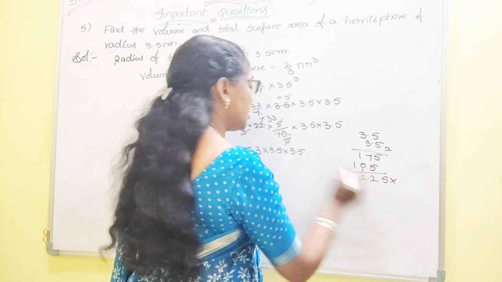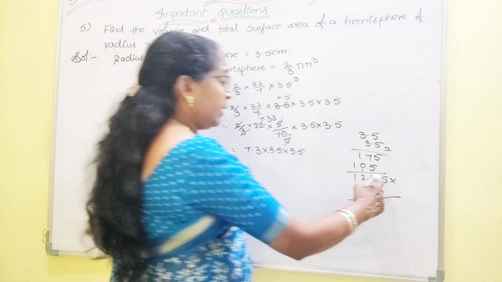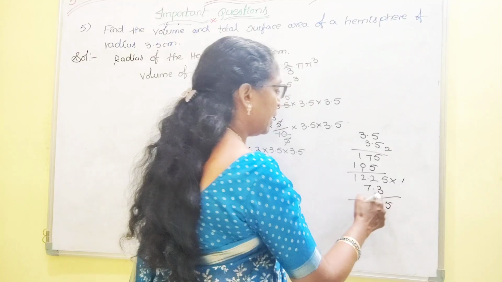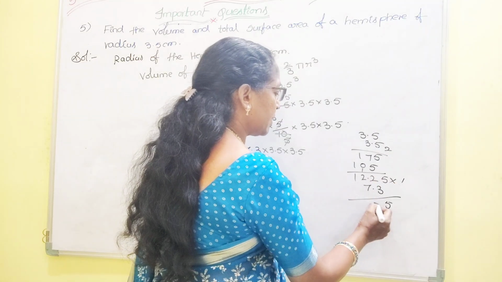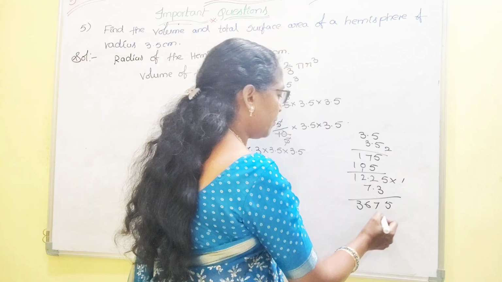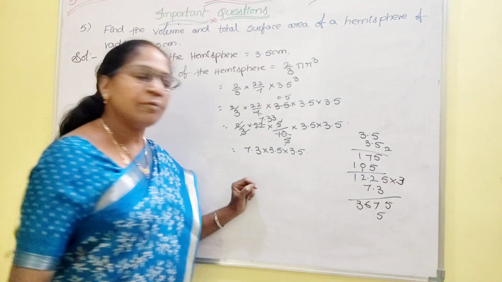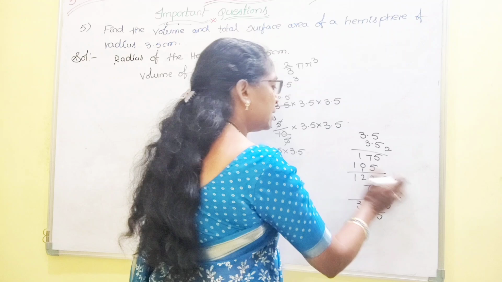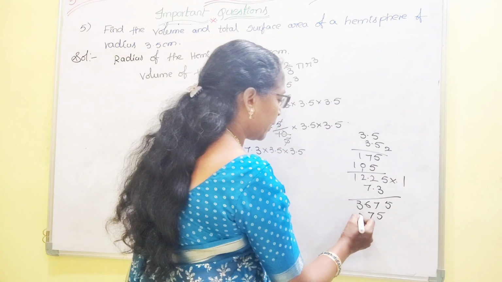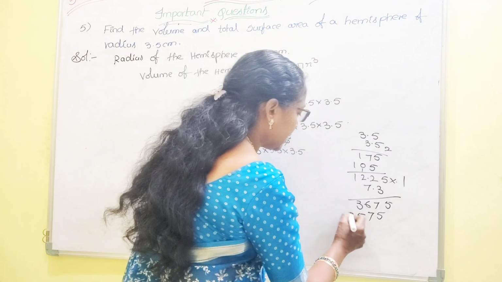And multiplication of 7.3. Now here 7 fives are 35, 3 twos are 6, 6 plus 1 is 7, 3 twos are 6, 3 ones are 3, 7 fives are 35, 7 twos are 14, 14 plus 3 is 17, again 7 twos are 14, 14 plus 1 is 15, again 7 ones are 7, 7 plus 1 is 8.